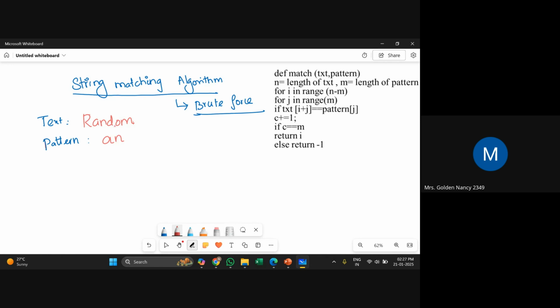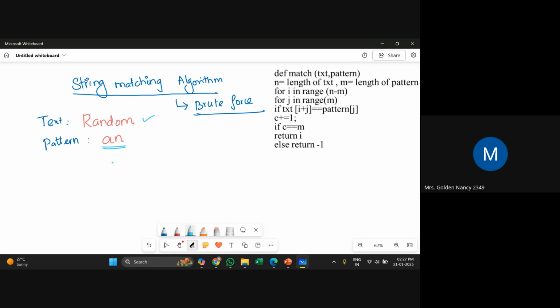What my string matching algorithm does is find this particular pattern in the given text. If the pattern is found, it should return the index of the pattern, or if the pattern is not found, it should say that the pattern is not found in the given text.